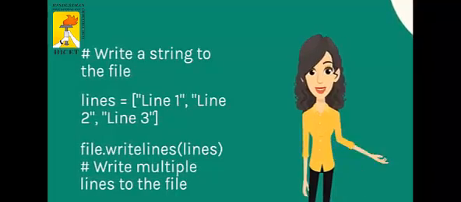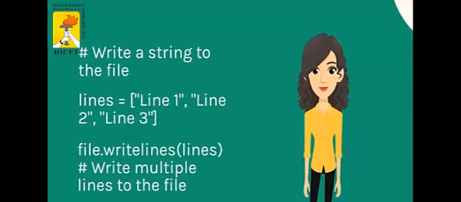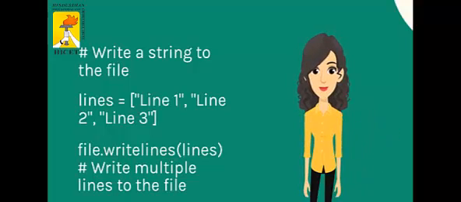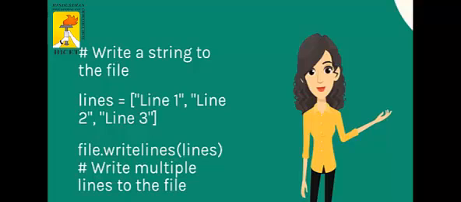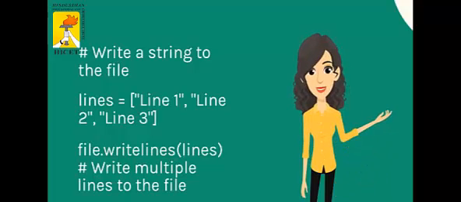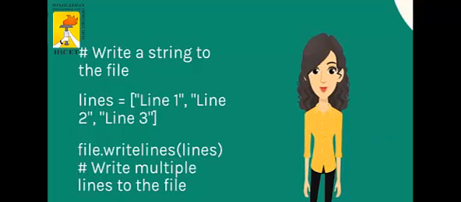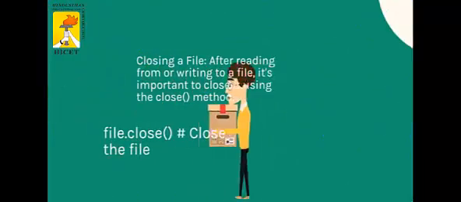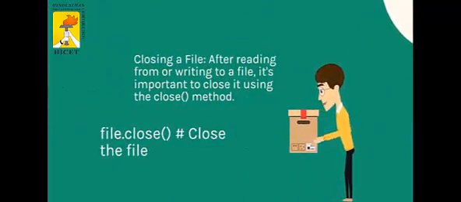For writing multiple lines, first we have to create a list. In this example, lines is a variable for creating a list. In the square brackets, they have given 3 lines, that is line 1, line 2 and line 3. And this list is written by using file.writelines. So these lines are loaded into the file.